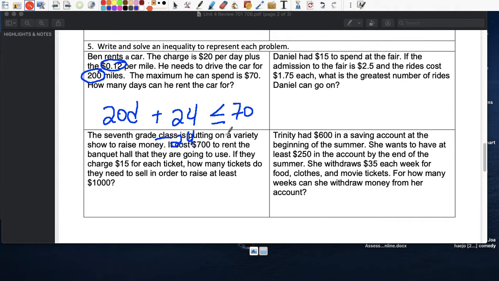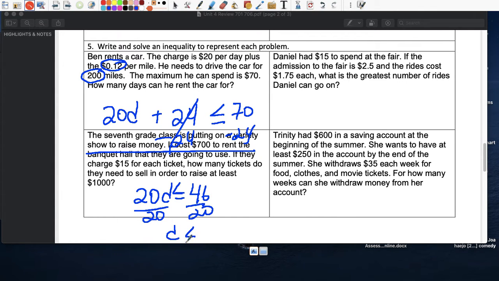So minus 24, we get 20D less or equal to 46. Divide by 20, and D is less or equal to 46 divided by 20 equals 2.3.